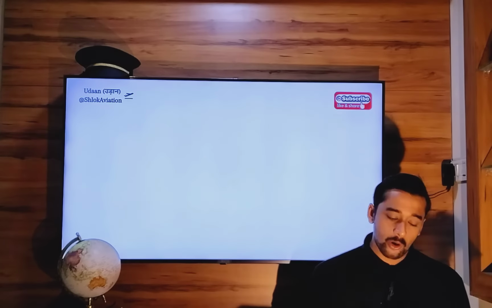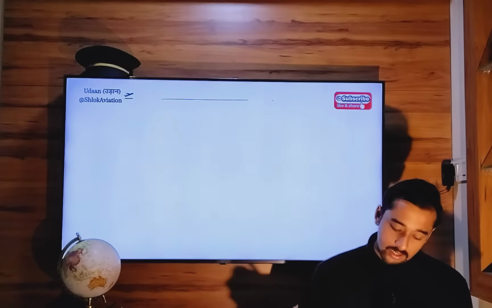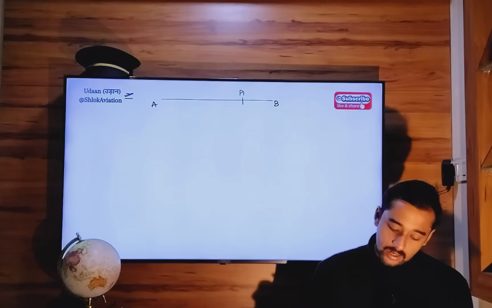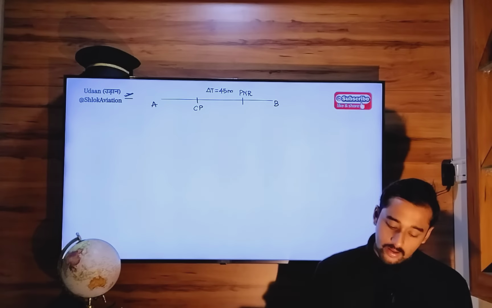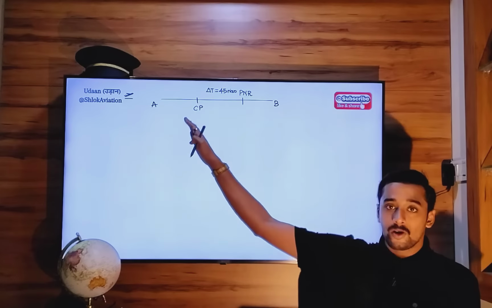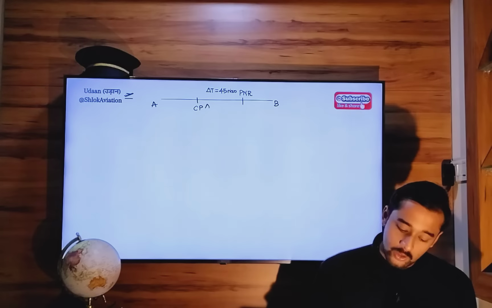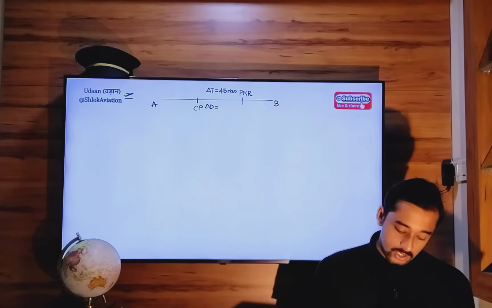Next, the critical point is reached 45 minutes before PNR. So let's say this is your PNR. The critical point is reached 45 minutes before PNR. That is equivalent to a distance of how much? So distance equals time into speed.